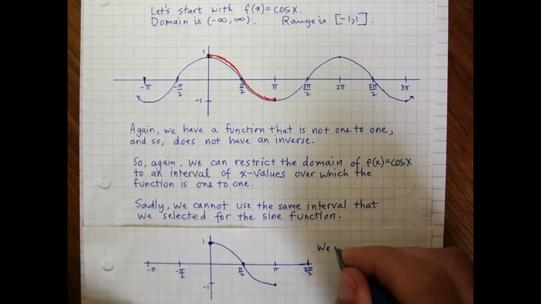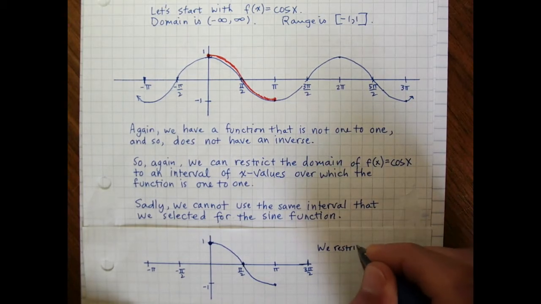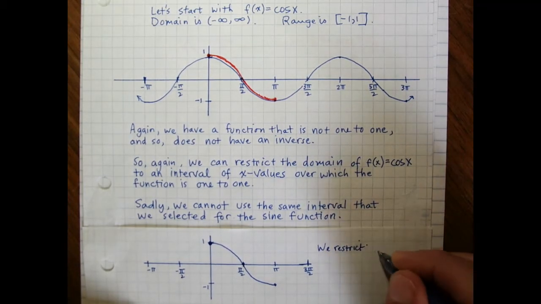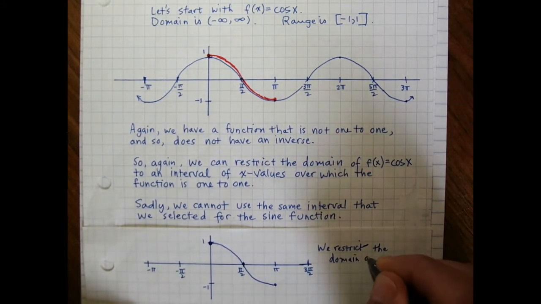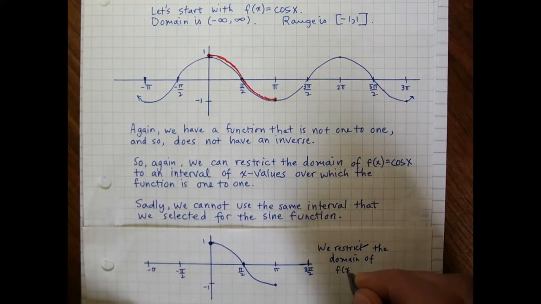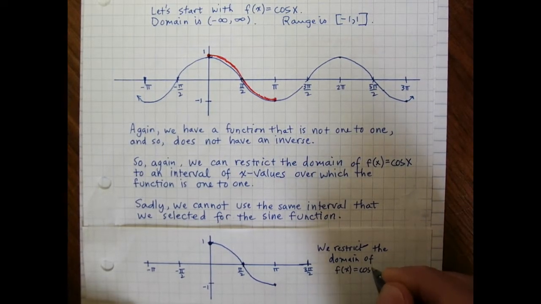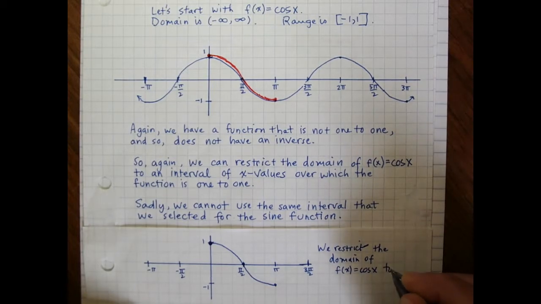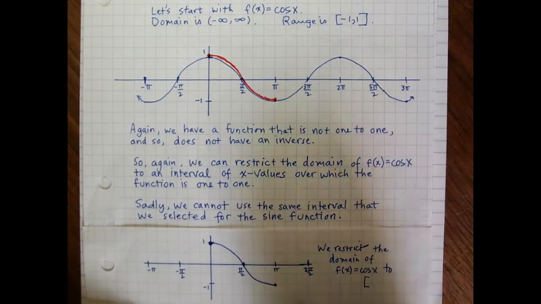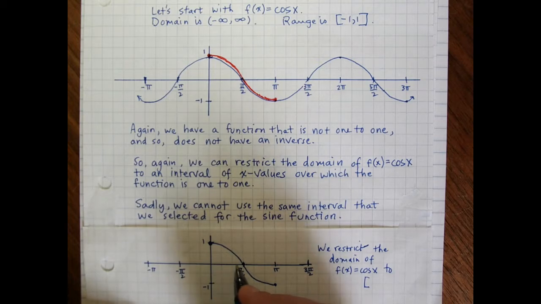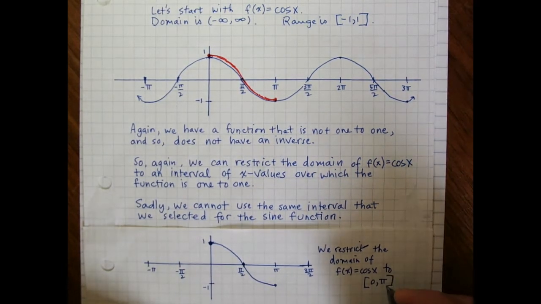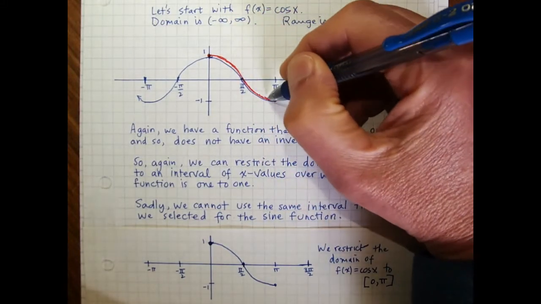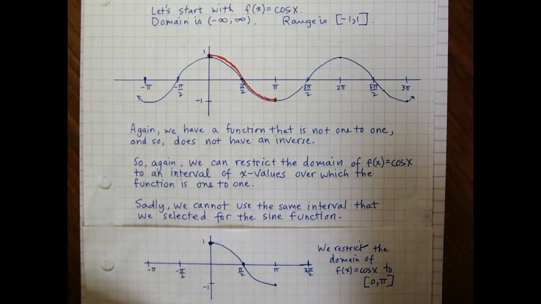We restrict the domain of f of x equals cosine x to the interval from, well, we're starting at x equals 0, we go out to x equals pi, 0 to pi. Same as the red portion that I marked up above.